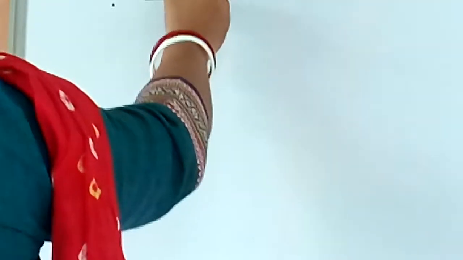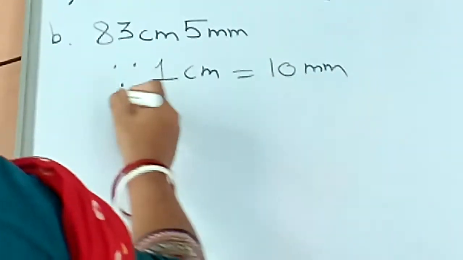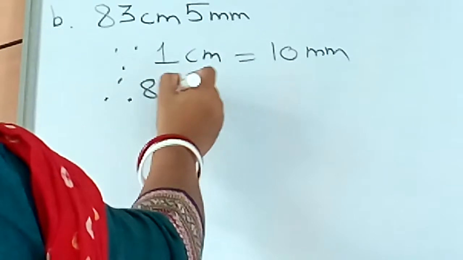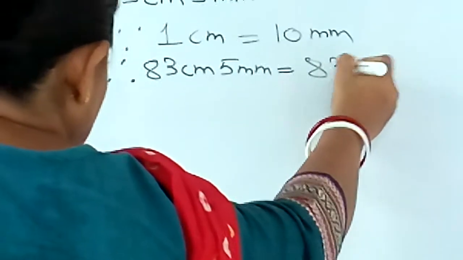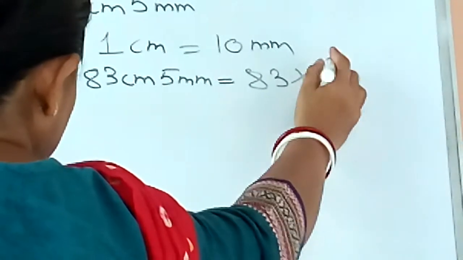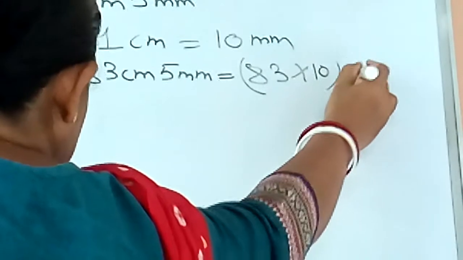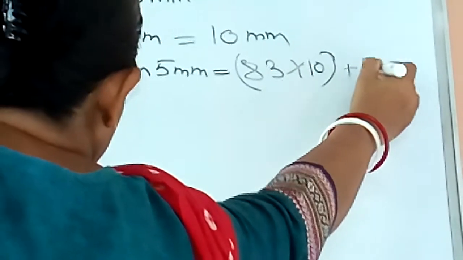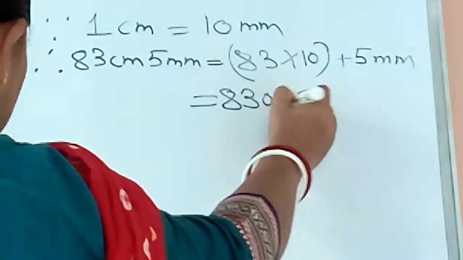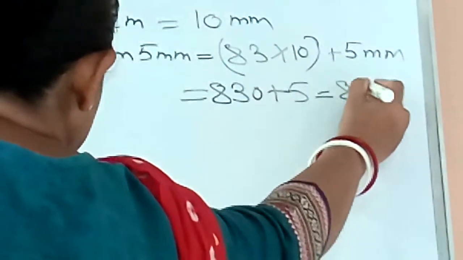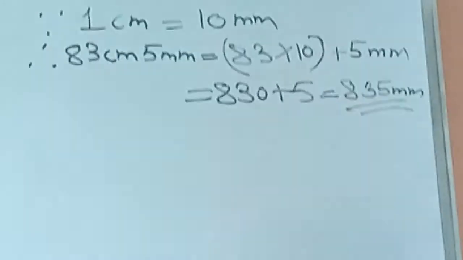Since 1 centimeter is equal to 10 millimeter, therefore 83 centimeter and 5 millimeter is equal to 83 into 10 plus 5. So this will be 830 plus 5, that is 835 millimeter. So this is our answer.